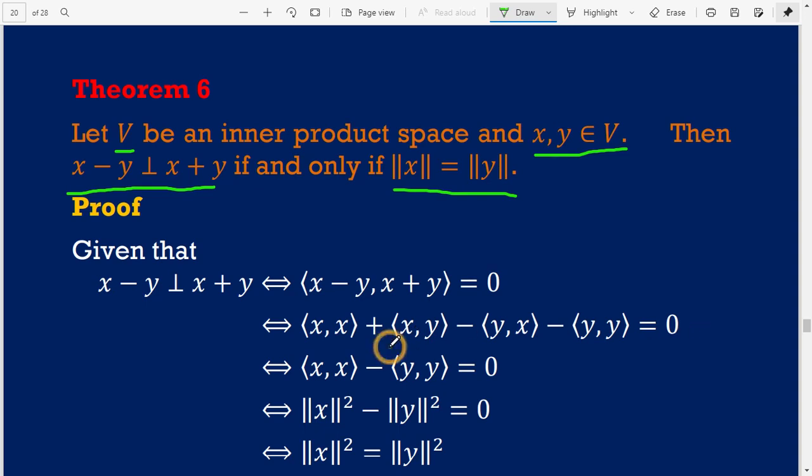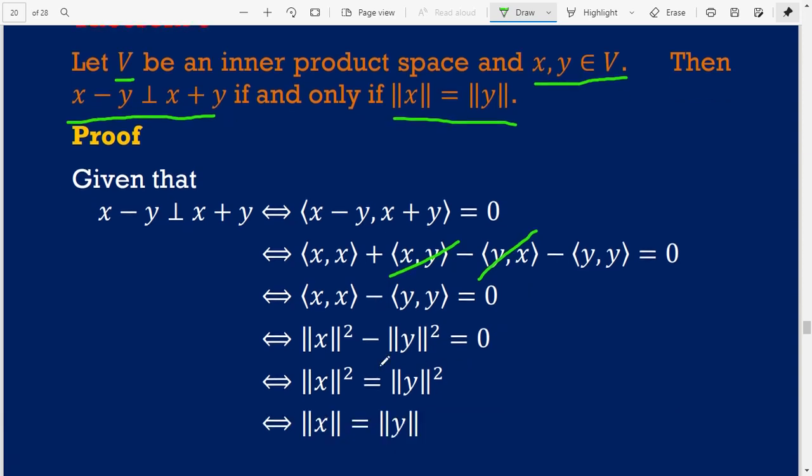So here inner product x with y minus inner product y with x cancel out. So if and only if inner product x with x minus inner product y with y is equal to 0, and inner product x with x is equal to norm x square, minus inner product y with y is equal to norm y square, is equal to 0.